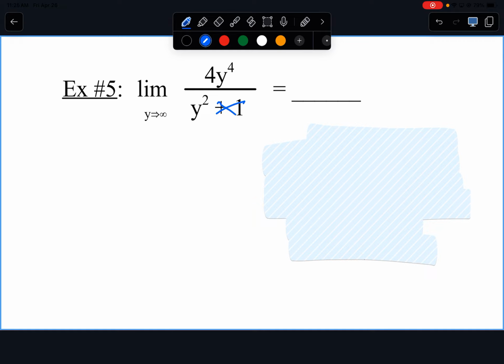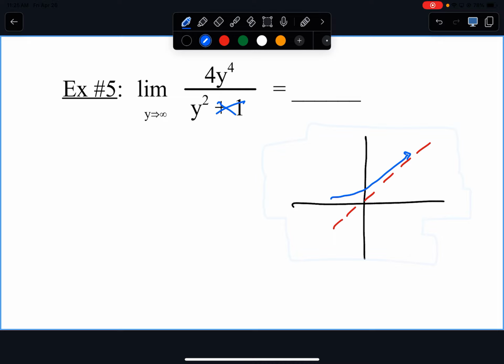Does that make sense, by the way? Yeah. Here's a visual if it doesn't. There's a positive slant asymptote and there would be some graph, there it goes, following it to positive infinity. If the diagonal was going the other way, then it would go to negative infinity. So we know it's one of those two answers. The question is which one, and here's what I think is the easiest way to find it.